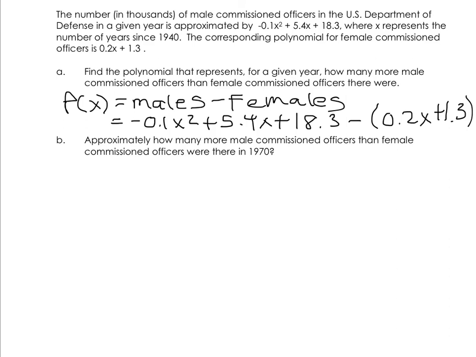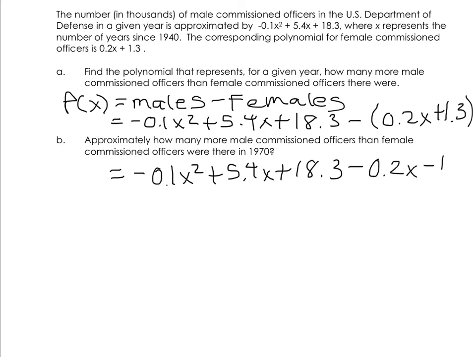We can simplify that. Let's go down into the next blank space here. Negative 0.1x^2 plus 5.4x plus 18.3 minus 0.2x minus 1.3.